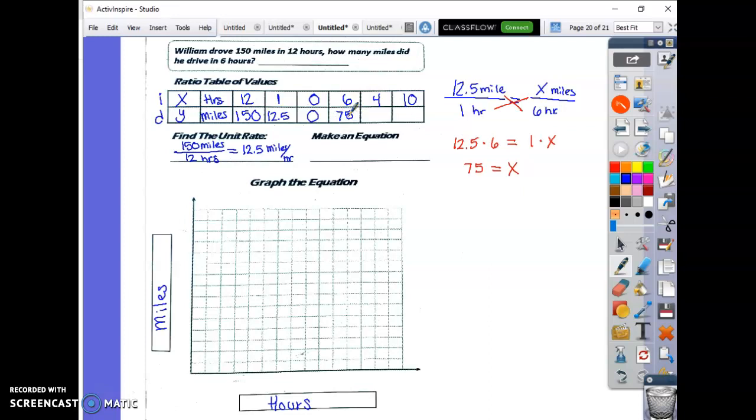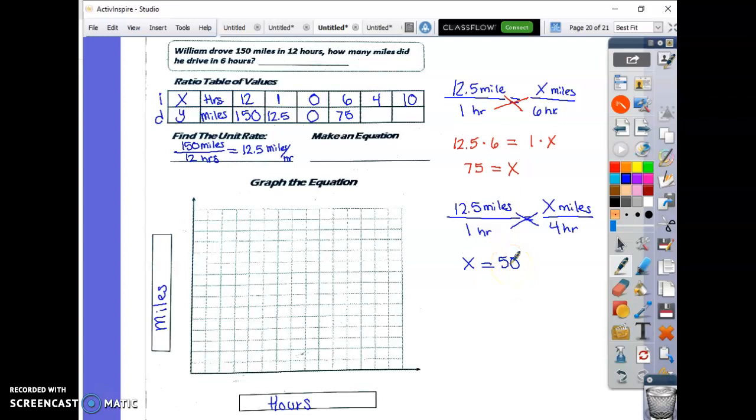Let's do the same thing for 4 hours. 12.5 miles over 1 hour is equal to x amount of miles per 4 hours. Again, 1 times x is x. 12.5 times 4 is 50.